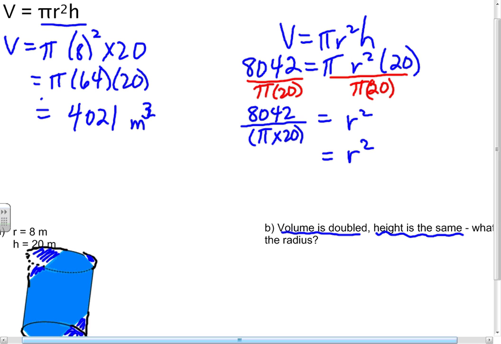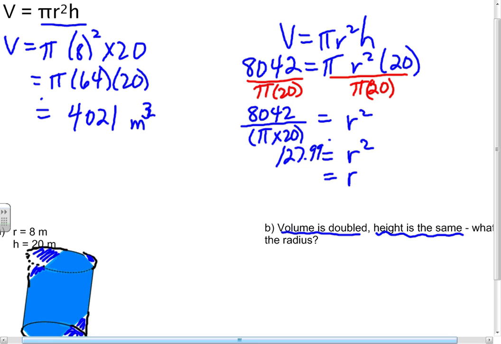8,042 divided by pi times 20, bracket, 127.99. I'm leaving my answer in the calculator to get less and less rounding errors. I am going to impose a square root on both sides.